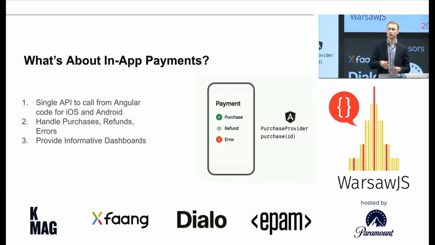Also, this payment provider will handle purchases, refunds, errors, and any events that happen in this process for you. And you can also have dashboards. Each payment provider has dashboards where you can see the whole information from both stores in one place regarding revenue, users, how much time it takes one user from starting the application until making a purchase, and so on.